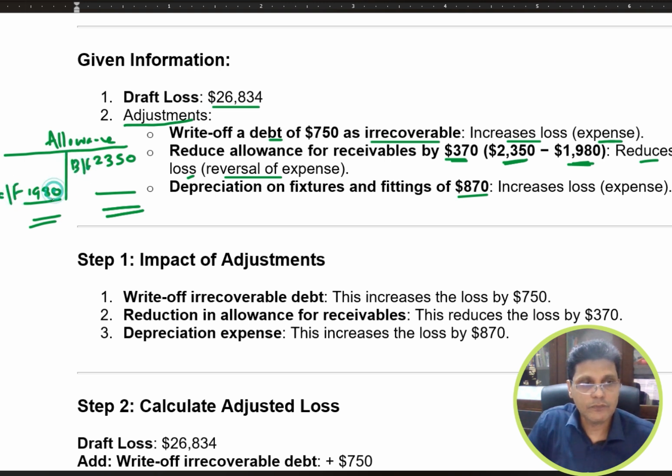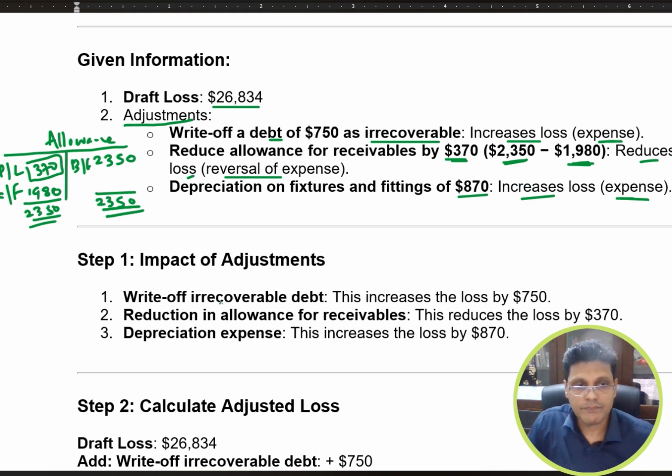So in order to make this 1,980, when you balance 2,350, the difference of 370 is to be transferred to the profit and loss account as a credit. So when you credit the P&L account, the losses will reduce. The next adjustment is depreciation on fixtures and fittings of 870 has not been recorded. So this will be treated as an expense. Therefore, it will increase the loss.